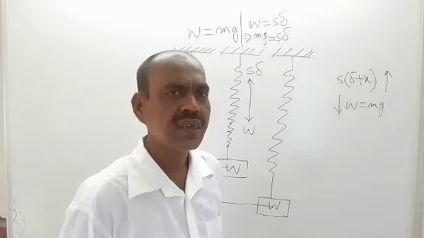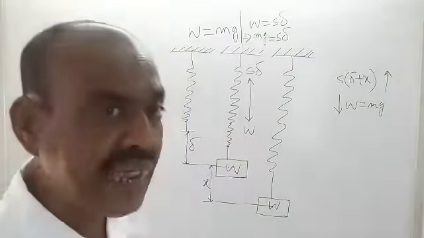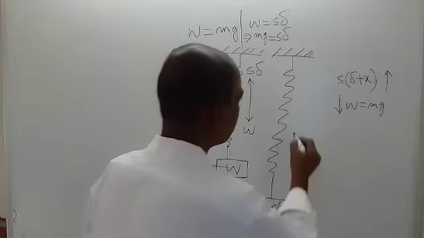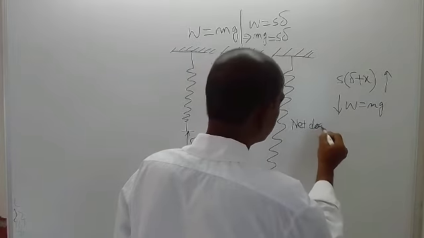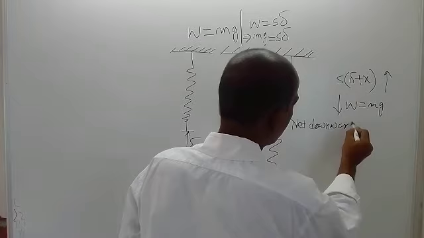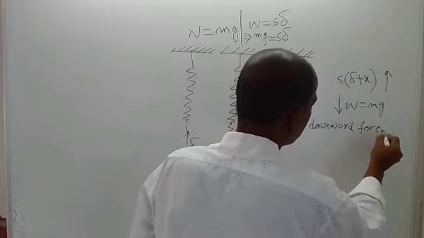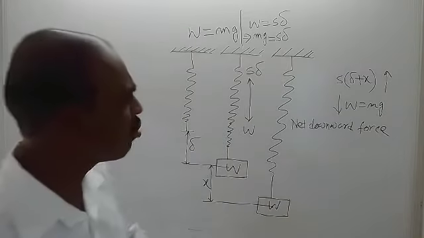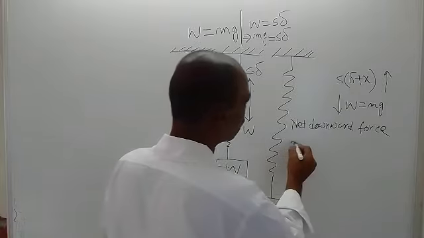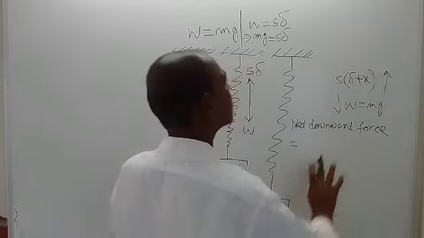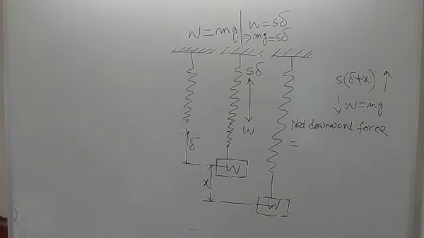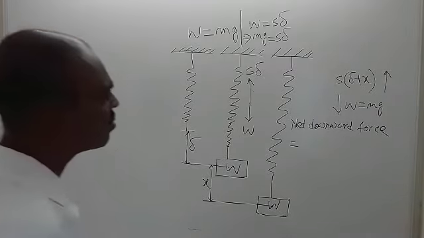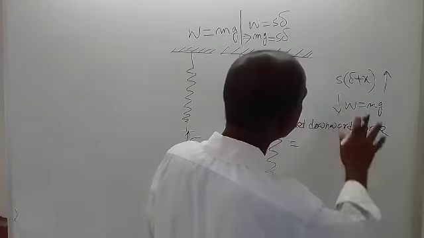Okay. Then what is the net downward force in that case? That is equal to this downward force minus the upward force. Let me again check whether the right hand side is visible or not, and I can see that the right hand side is also visible.